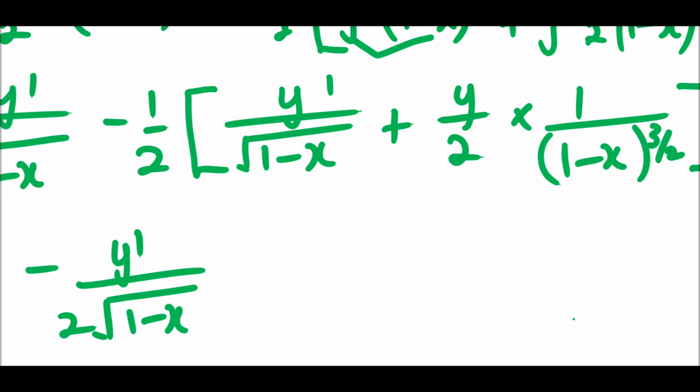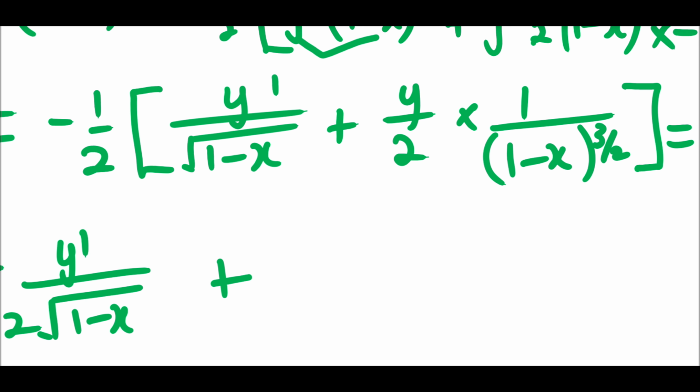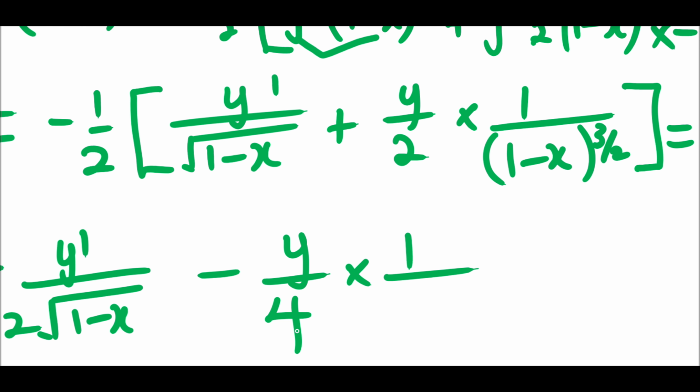Then here too, I think it's going to be minus rather. So minus y over 4, also multiplying 1 over 1 minus x, and we have the 1 minus x in bracket having a power of 3 out of 2.